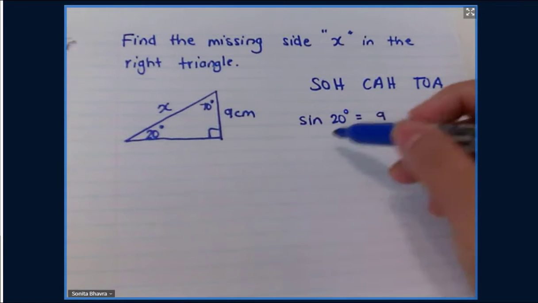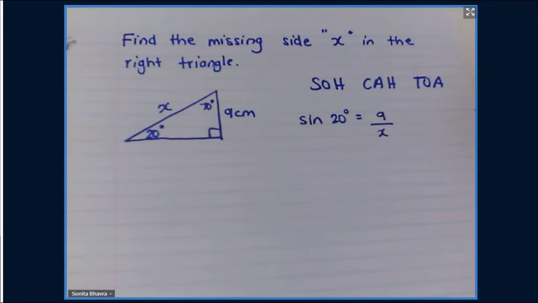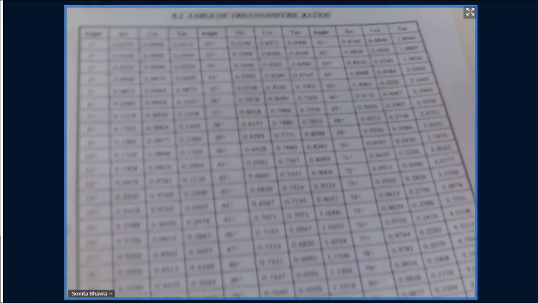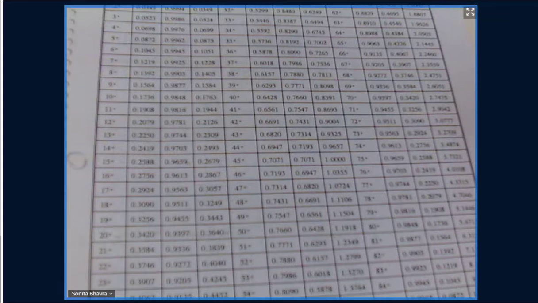Our sine 20 ratio you can figure out by using the chart that's given to you. This is in your modules, it's 8.2. So sine of 20 degrees, so we're just going to use our chart here. You're going to go to 20 degrees, which is down here, and the sine value for 20 degrees is 0.3420.